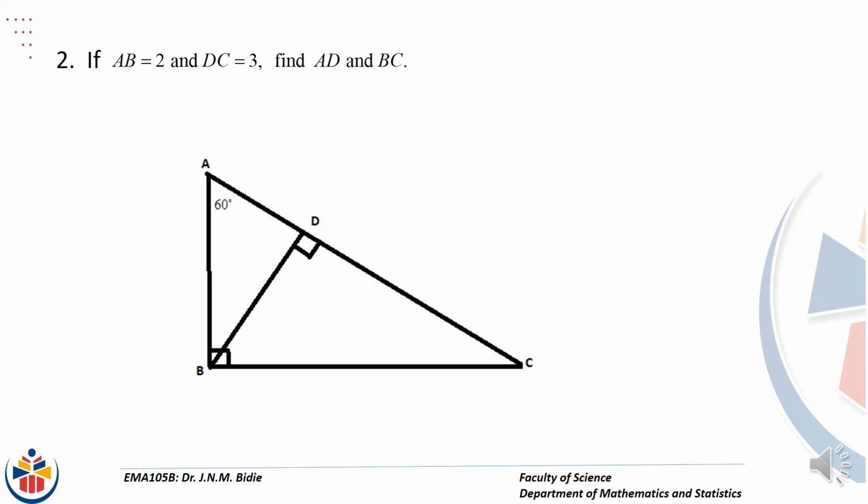And then number 2, it has not been solved. AB has been given to be 2 and DC is given to be 3. And we've been given that angle A is 60 degrees. So if A is 60, then we are able to get that angle C to be 30 degrees.